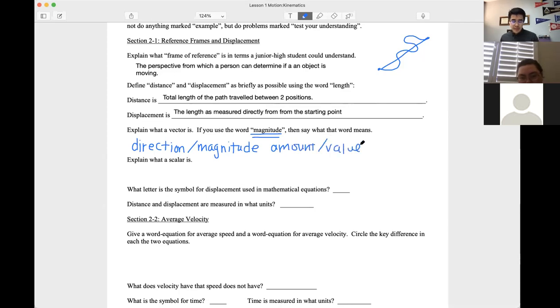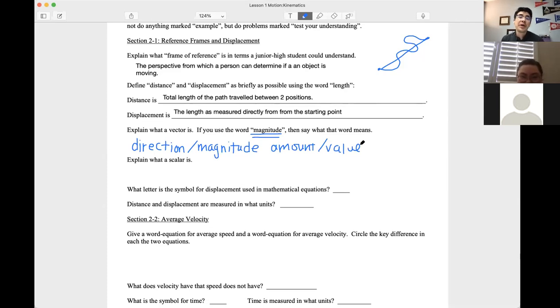And let's compare that with a scalar. What is a scalar? Is it like a multiplier? It could be a multiplier, but that's more of a math term. A scalar is literally just a number.